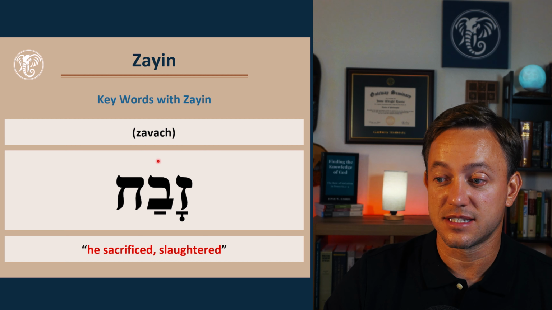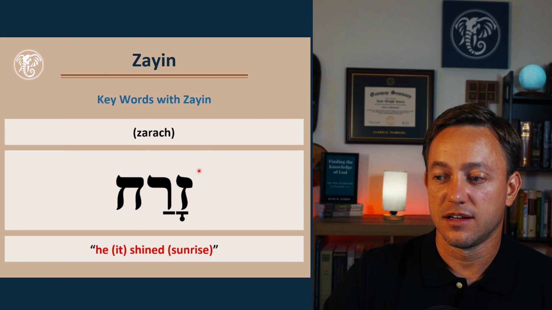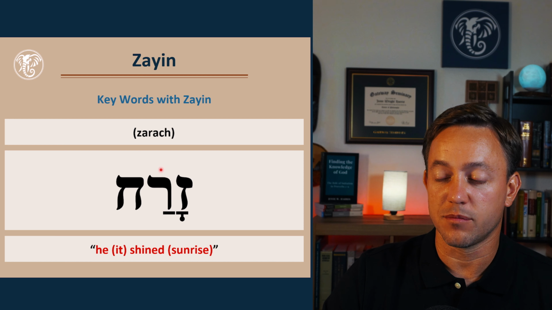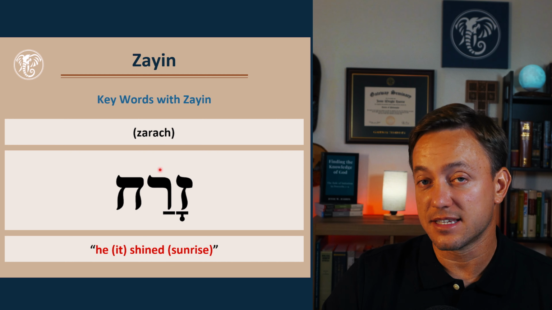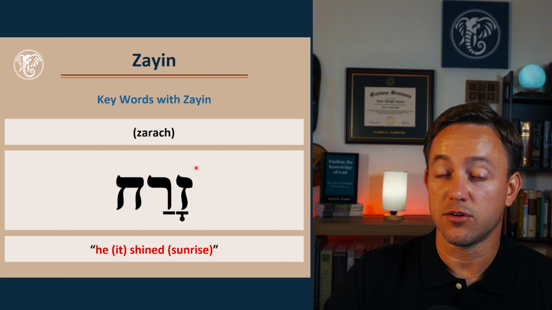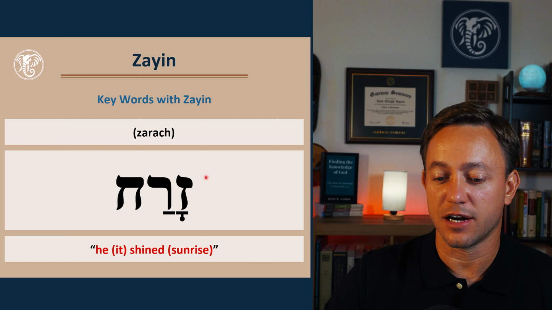Zavak means he sacrificed or slaughtered, and this one is zarak, with that R in the middle. So zavak, he slaughtered, he sacrificed. Zarak, he or it shined, as you see here.